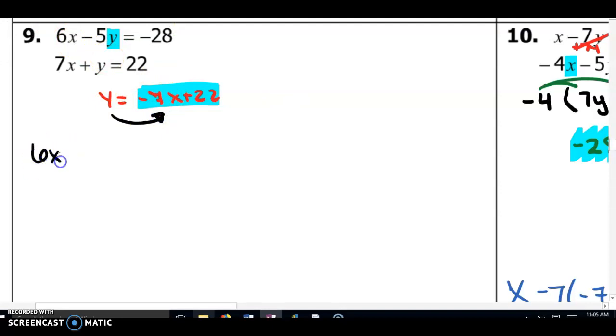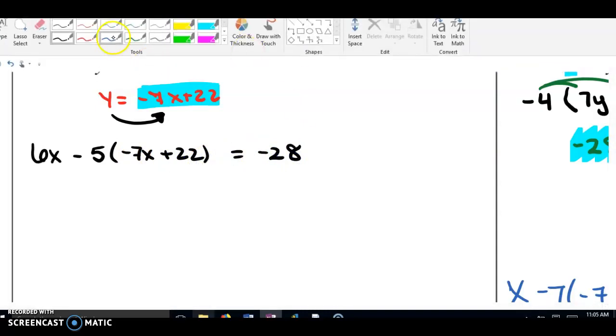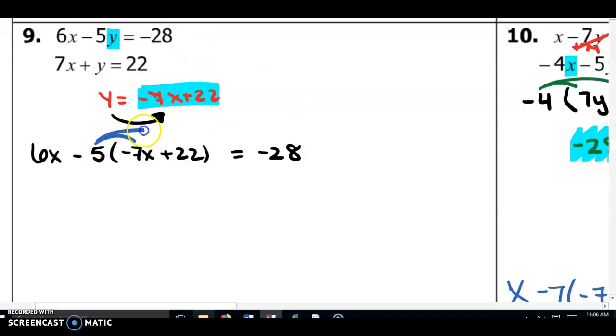So that gives us 6x minus 5 times -7x plus 22 equals -28. At that point, you just have a one variable equation, we're going to distribute, and we get 6x plus 35x minus 110 equals -28.